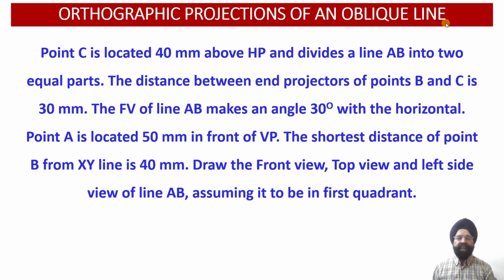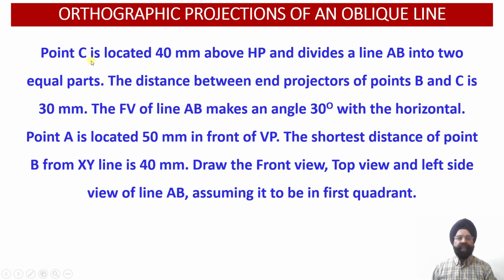So in this case, we have been provided with partial information regarding the midpoint and the coordinate location of the different ends in mixed mode. So let us see how we can connect the different dots and establish the orthographic projections of an oblique line AB. So let us first of all go through the problem statement.